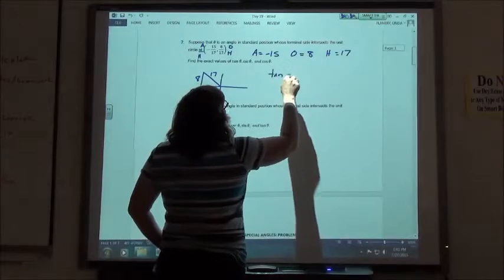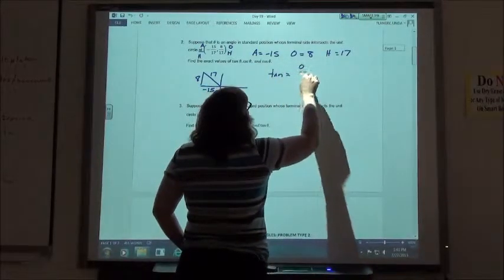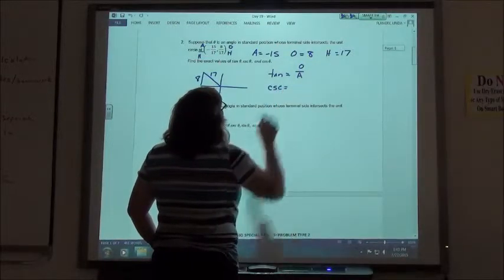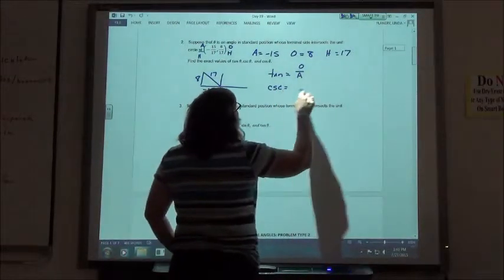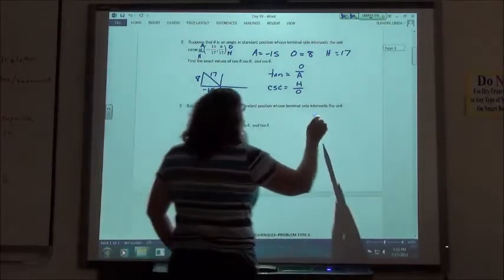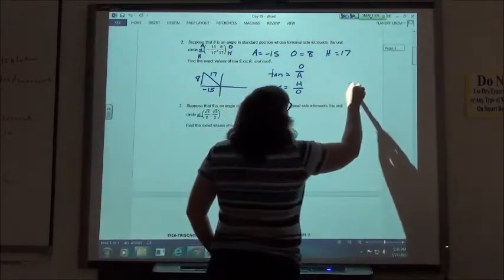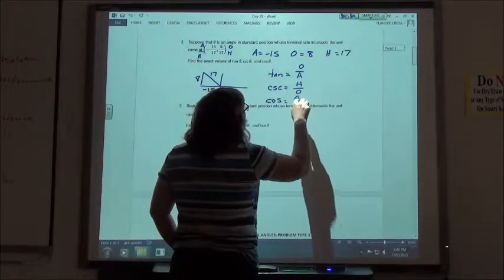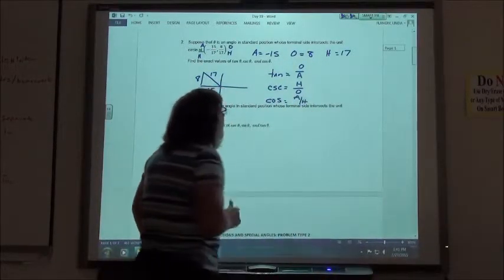My tangent. Tangent is opposite over adjacent. My cosecant is opposite of sine, so it's the hypotenuse over the opposite. And my cosine, and I'm going to stick it down here, cosine is the adjacent over the hypotenuse.